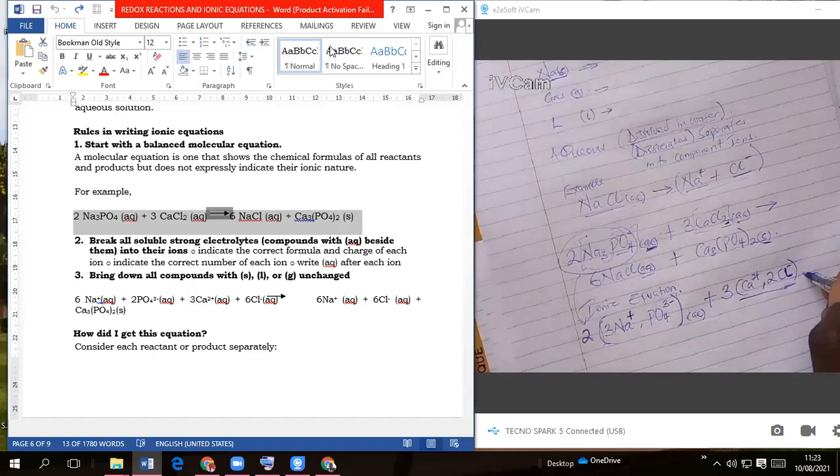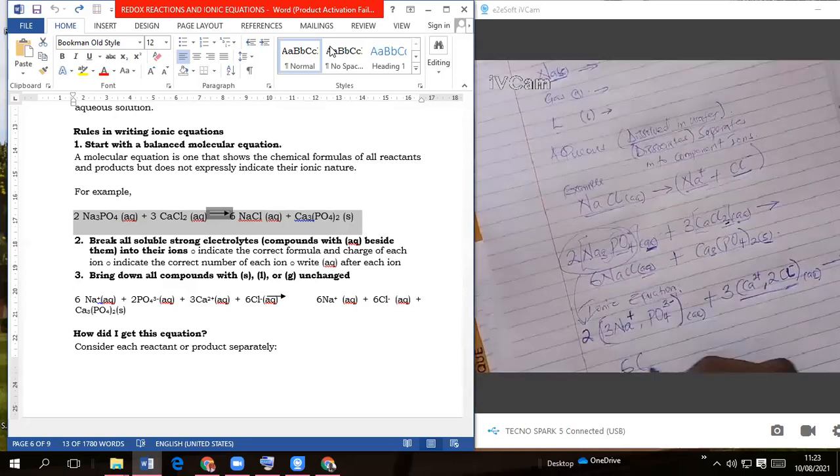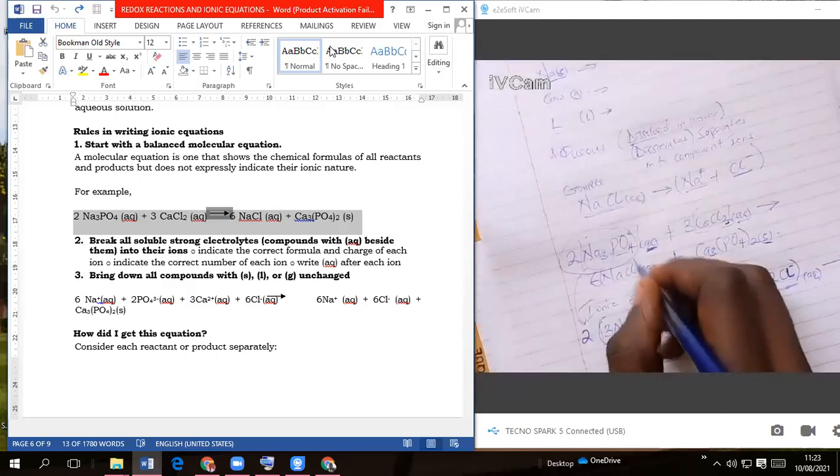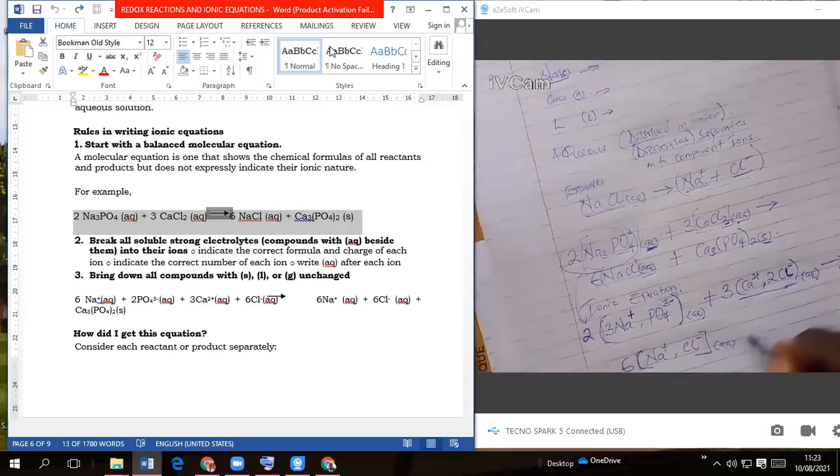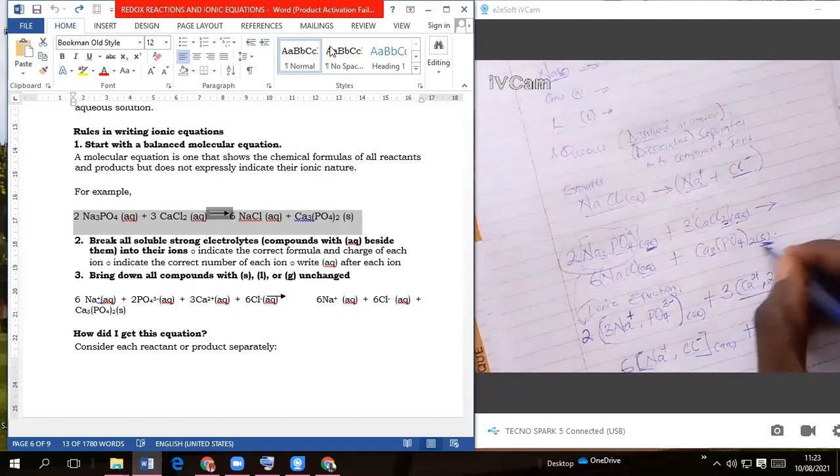So this one is in aqueous state. We form 6 sodium ions, because 6 is out for both of them. Then also we have a chloride ion in the same bracket. This is aqueous. Now this one is a solid. It does not separate into ions.